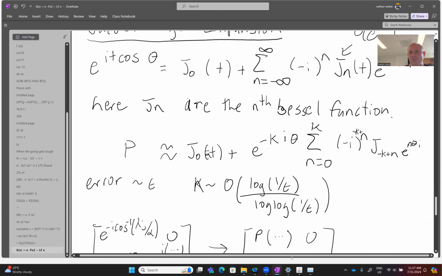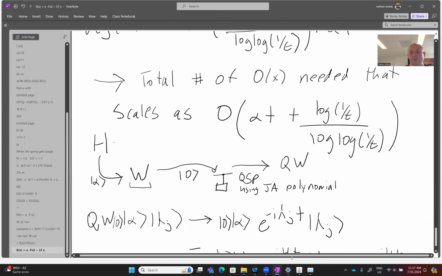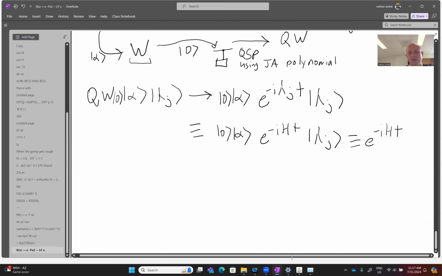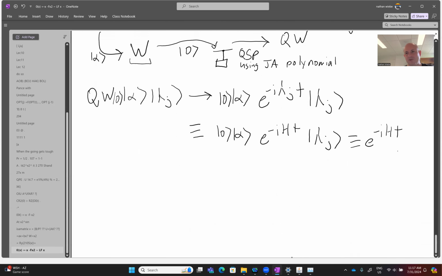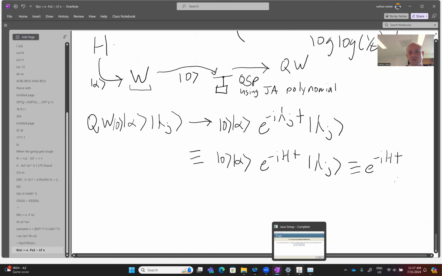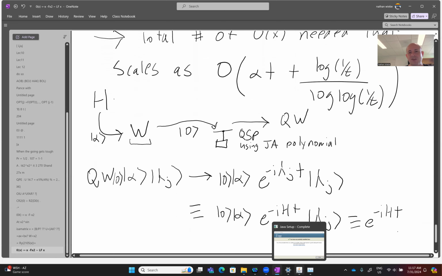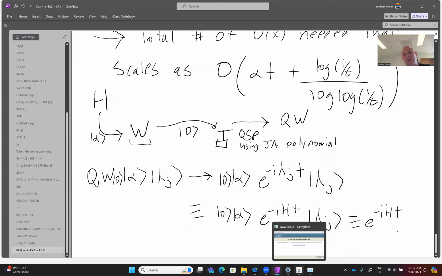We can put all of this together using an appropriate polynomial, and then just use QSP in order to transform it all in the end. The cost, I should note, scales linearly with time. And also, the extra logarithmic cost is additive, not multiplicative.